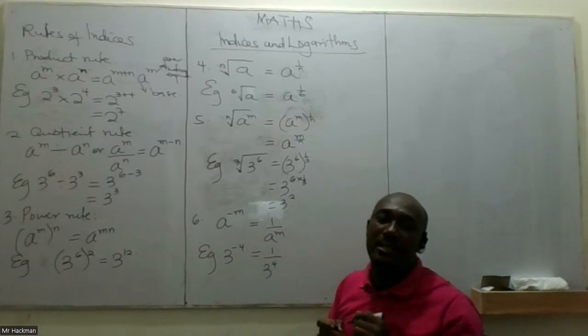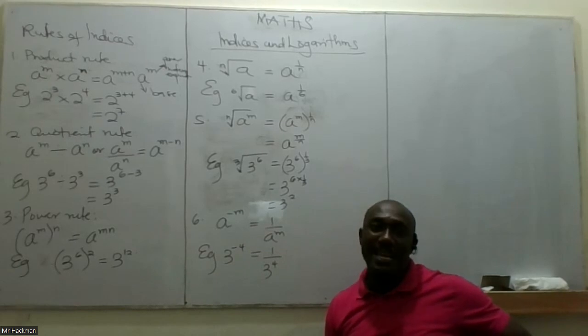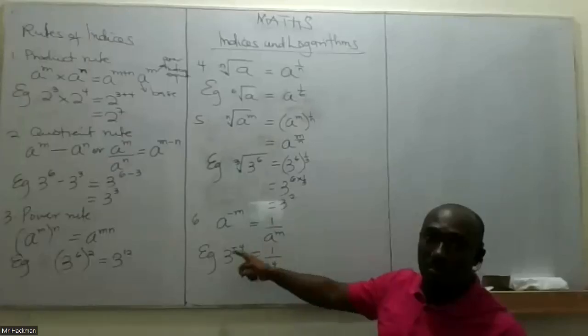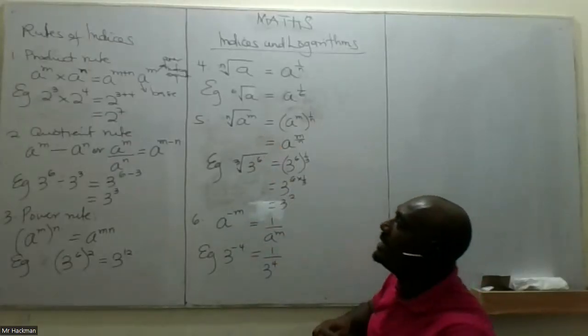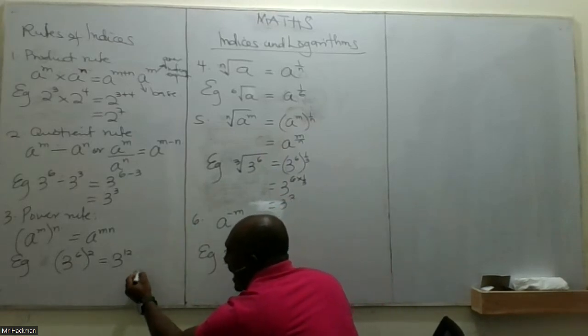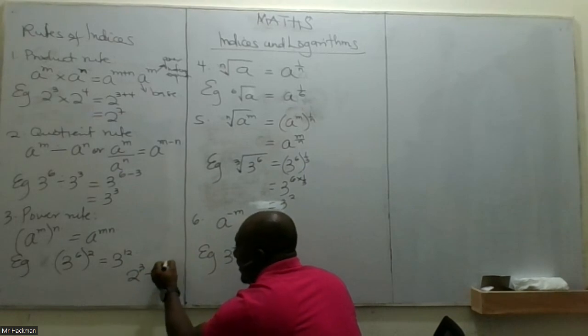In indices, you avoid concluding with a negative exponent. So if you have to avoid concluding with a negative exponent, then you should know this rule. For example, assuming the subtraction, I have 2 cubed divided by 2 to the power 6.